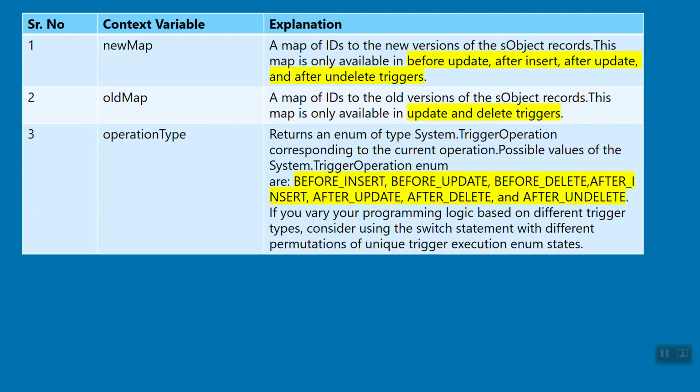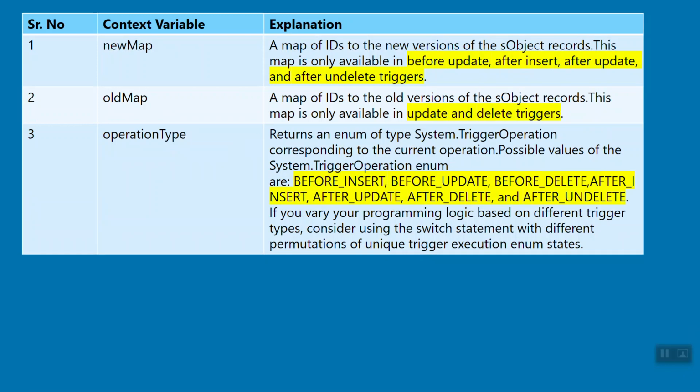Only after insert can we get the record id, because the record id will get generated after that. And oldMap contains the id and the old version of an sObject, and we will get it in case of update and delete. The same process applies as trigger.old for trigger.oldMap.